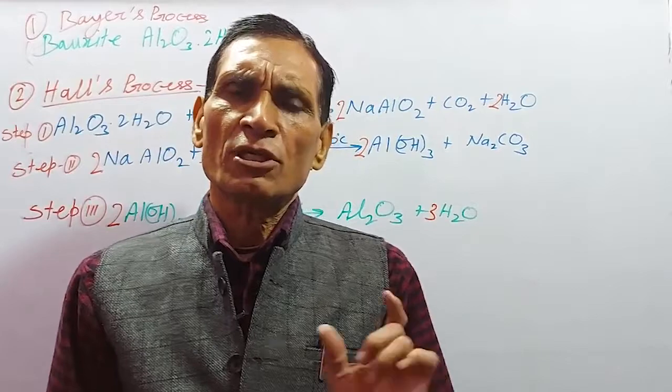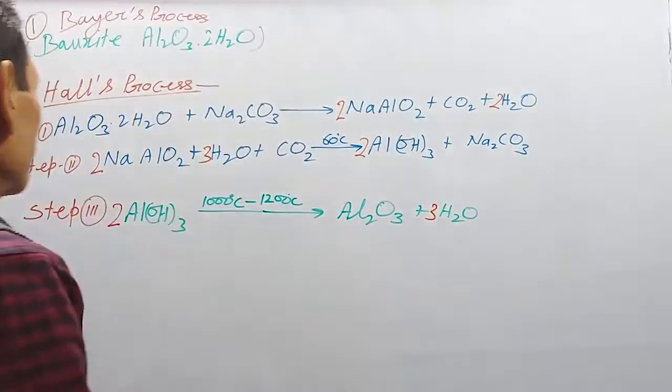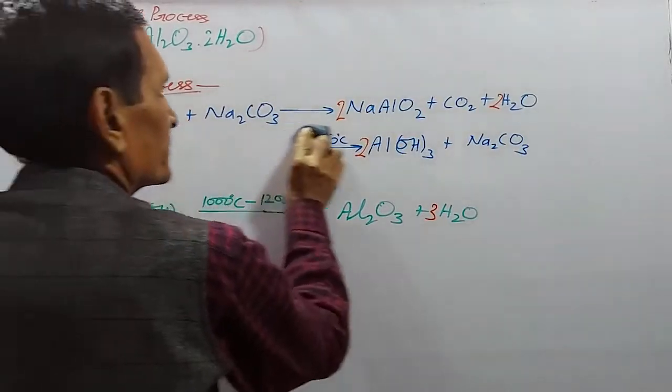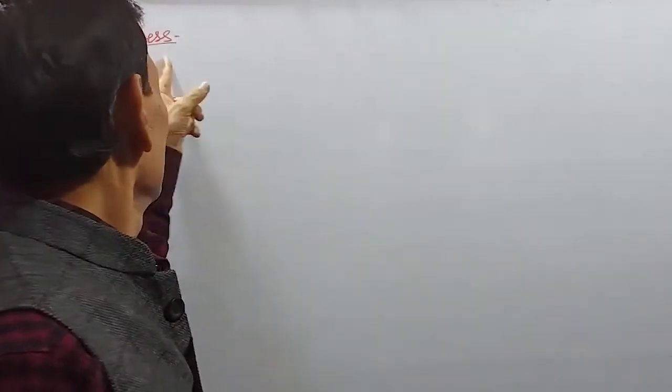Now let us see third process, Serpeks process. Serpeks process is used when bauxite contains considerable amount of silica, SiO2, in it.